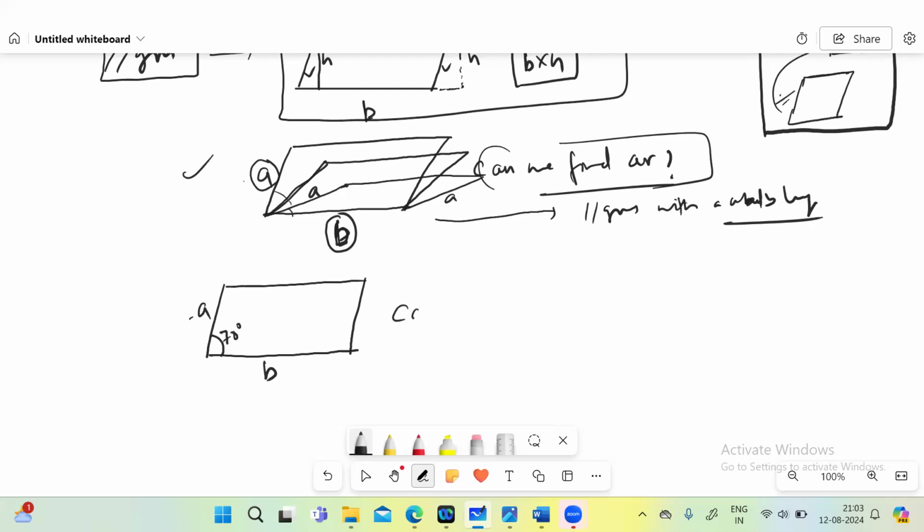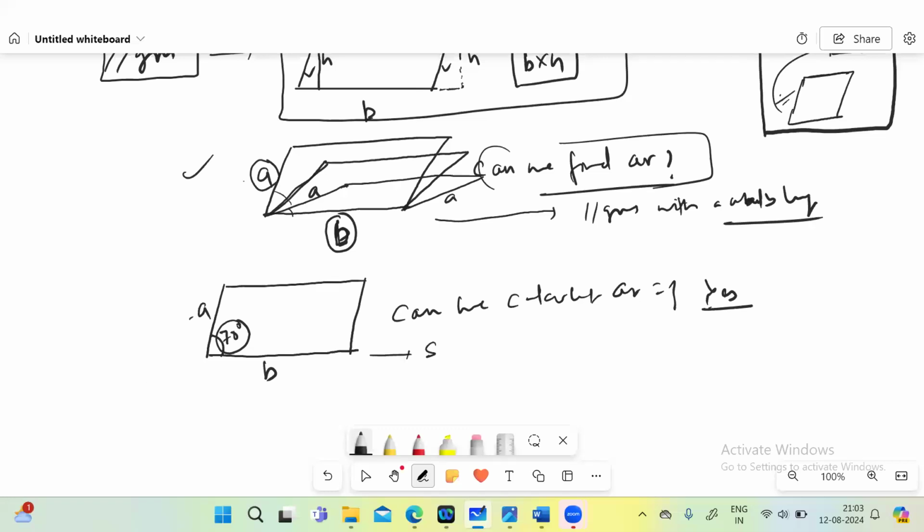Now can we calculate the area of the parallelogram? Then it is yes, because with this measurement you cannot draw any other parallelogram.